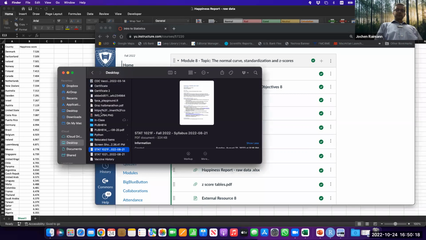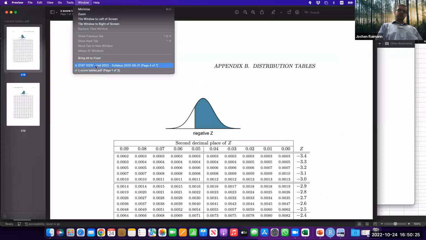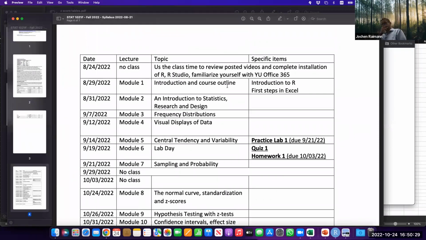Any questions? So what do we remember from the previous classes? Just as a quick recap, we talked about descriptive statistics. We had the introduction to statistics, research and design, where we discussed statistics per se: the different mainstays of statistics, which are descriptive statistics, inferential statistics, but also the planning and design of research and the associated analysis.